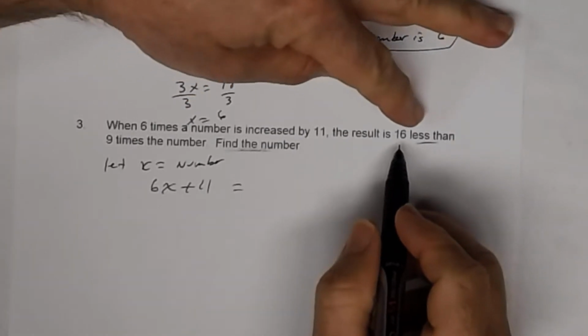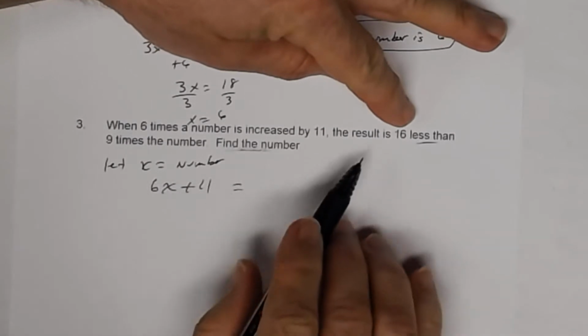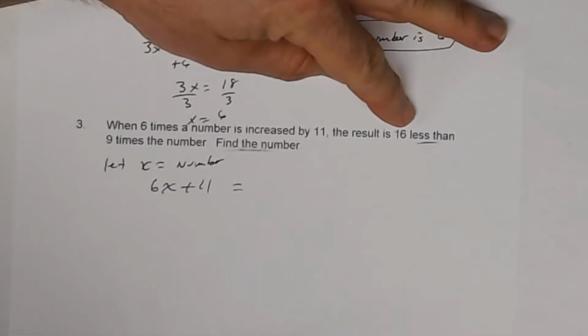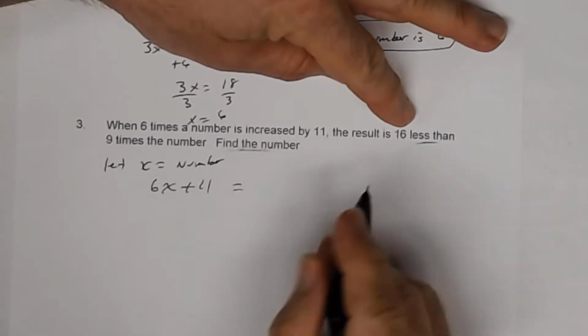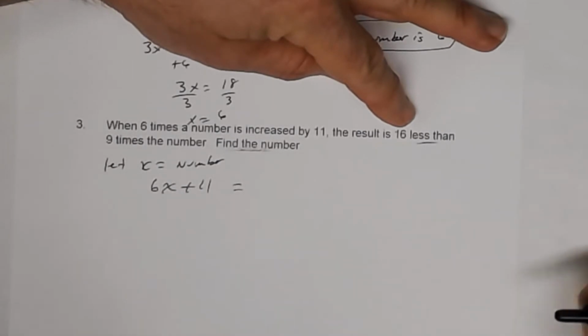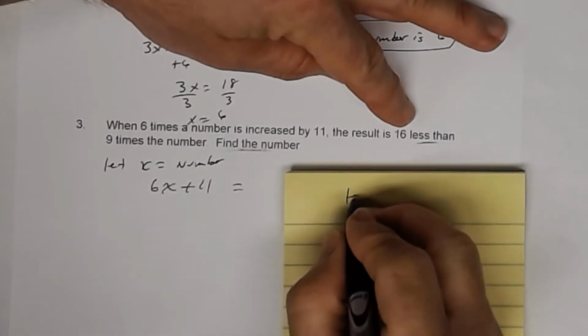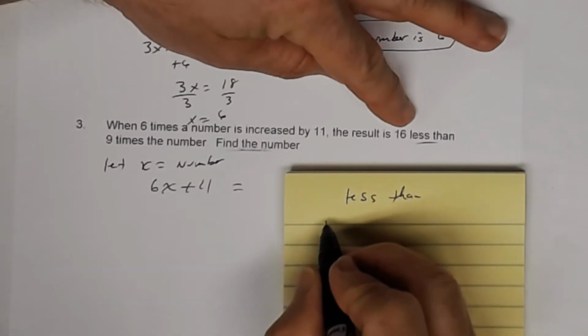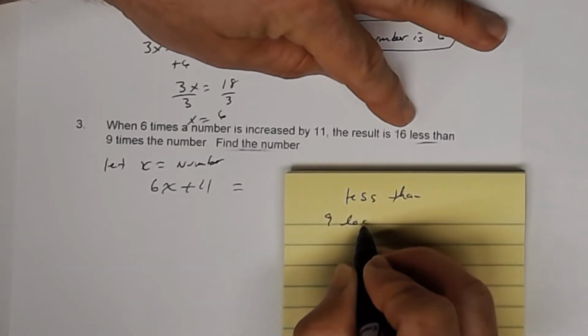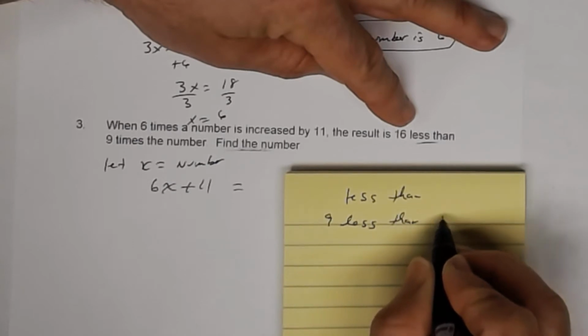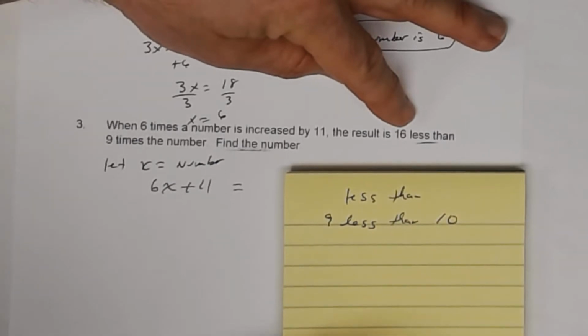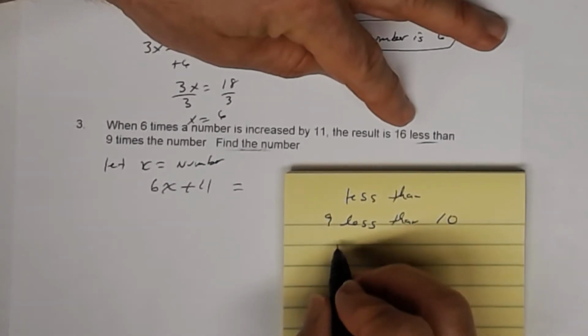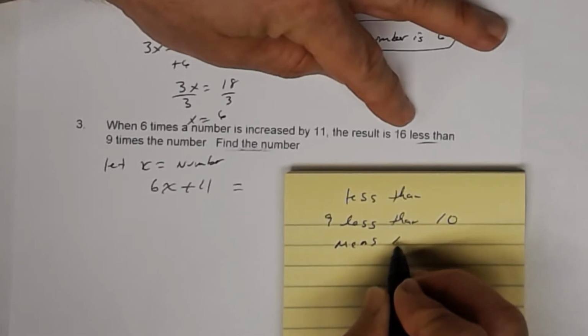Now be careful here, 16 less than. So when you think about 16 less than a number, you're going to write it this way. So you got to be careful with the word less than. All right. So if I say 9 less than 10, that means 10 minus 9.